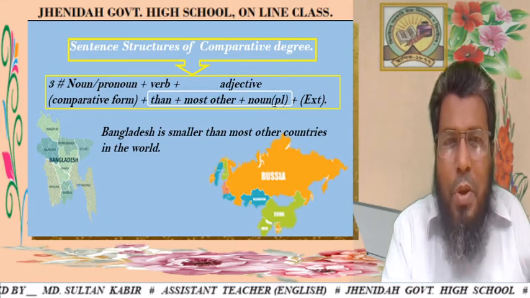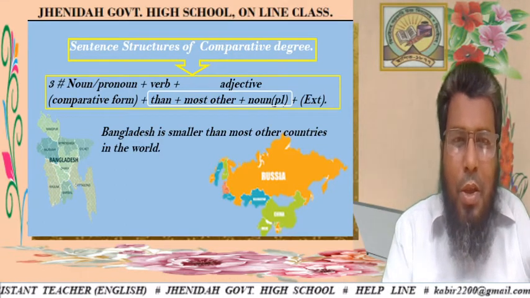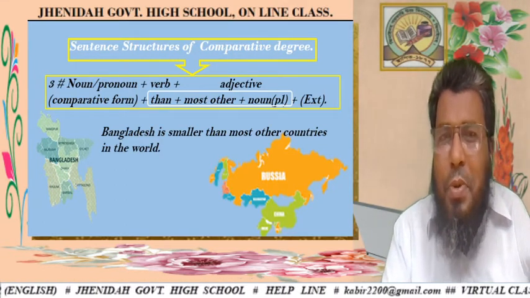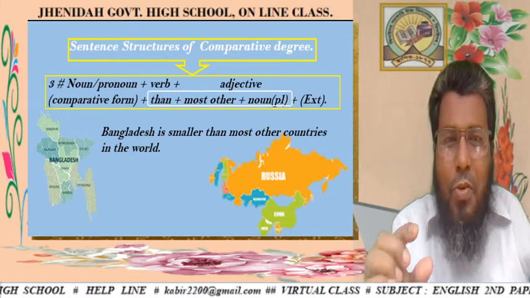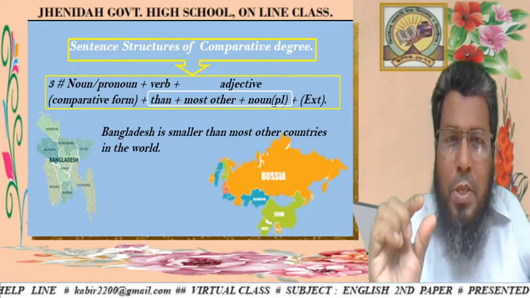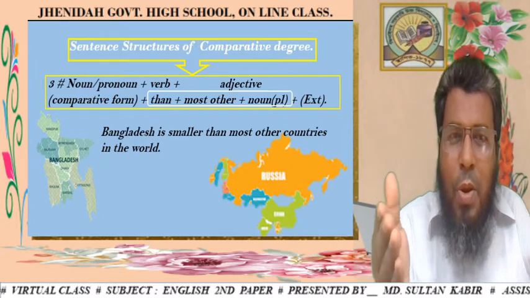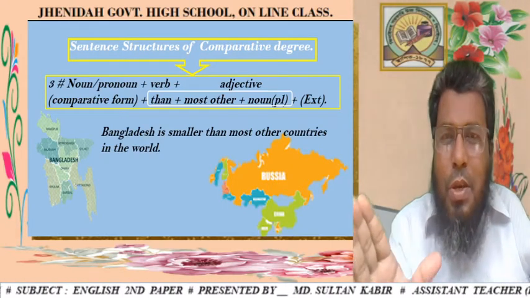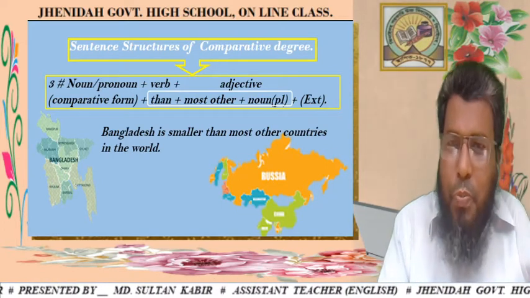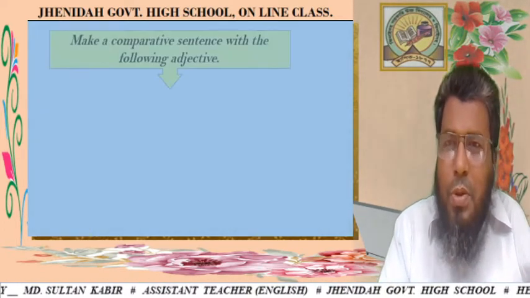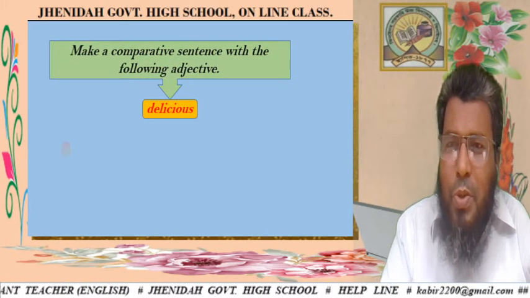And if you know all the structures and you are told to change the comparative degree into positive or superlative, then by finding out the special characteristics of the comparative degree, you can change it to positive or superlative in an easy way. Now make a comparative degree sentence following the structure.